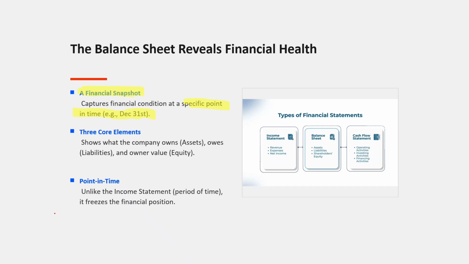So what does the balance sheet cover? It gives us three things. The balance sheet tells us what the company owns, our assets; what the company owes, our liabilities; and the remainder, which is the equity. This is the financial equation you may all remember, the first thing we all learn: assets equal liabilities plus equity.